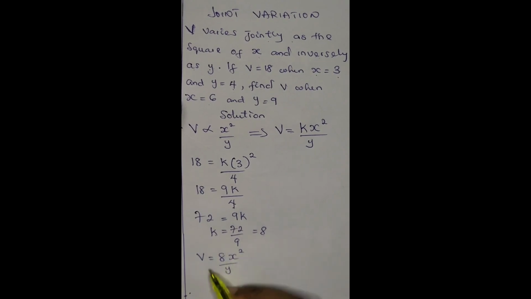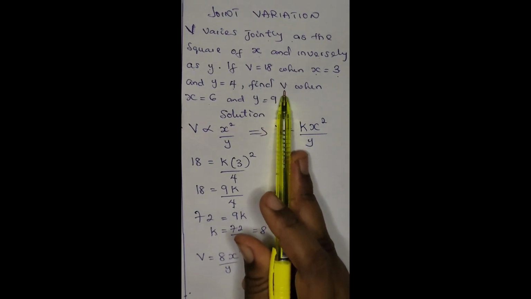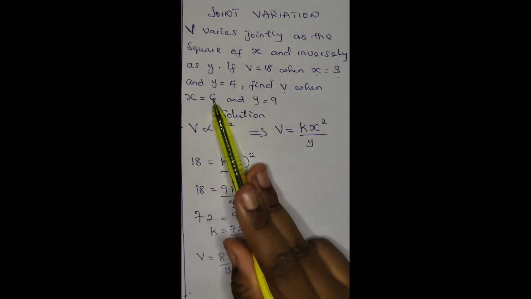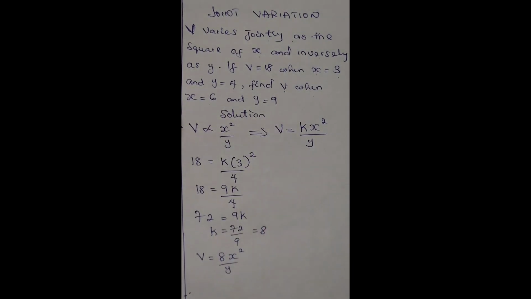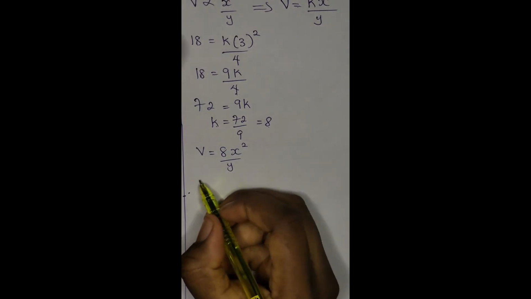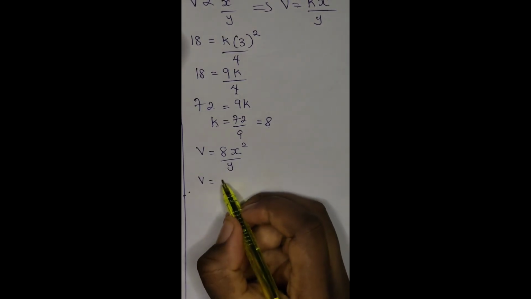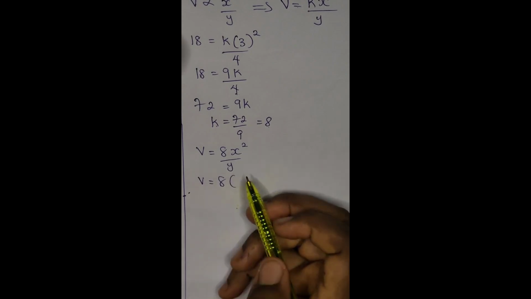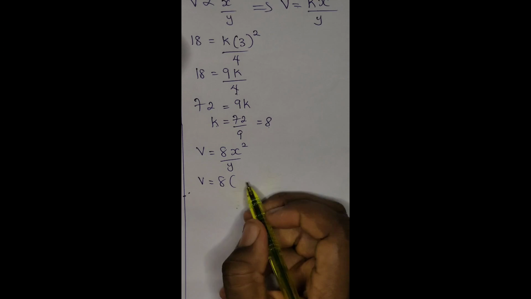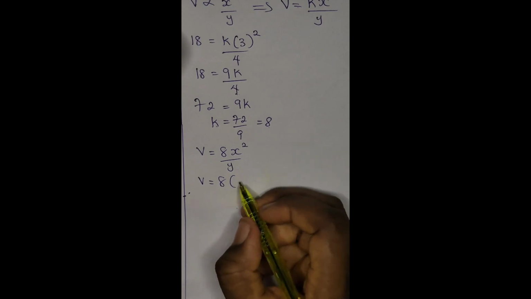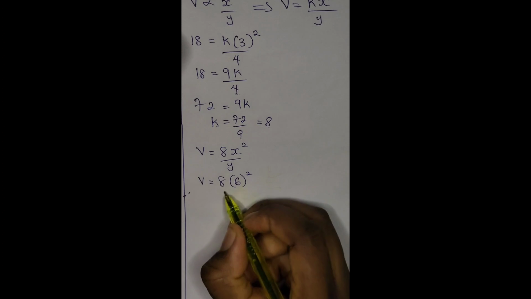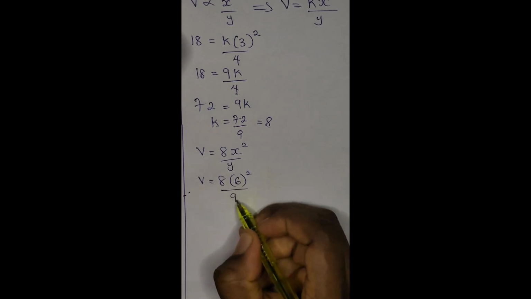So since we've gotten the value of the constant, we'll then move to finding v when x is equal to 6 and y is equal to 9. So v is equal to 8 bracket, our x is 6, that's when x is 6 all squared, and y is 9.